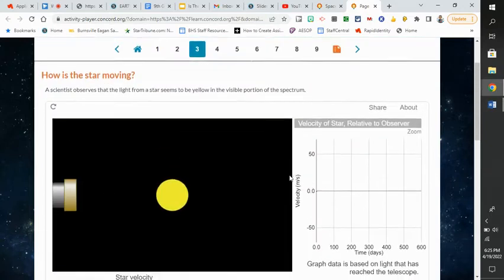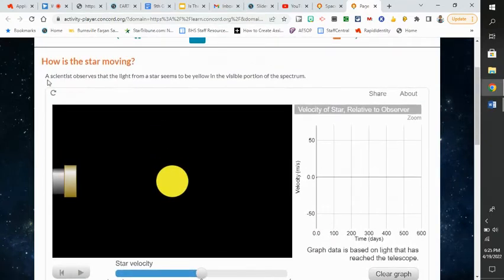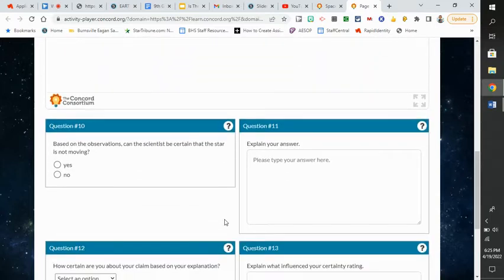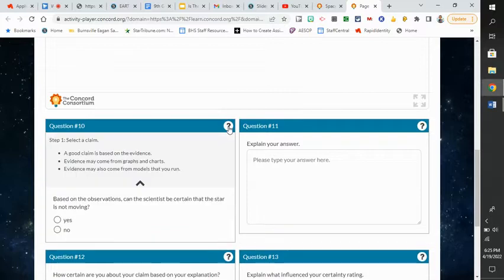So you're just answering the question that a scientist observed that the light from a star seems to be yellow in the visible portion of the spectrum. And then, can the scientist be certain that the star is not moving?